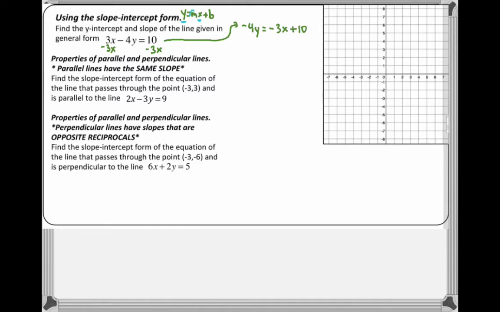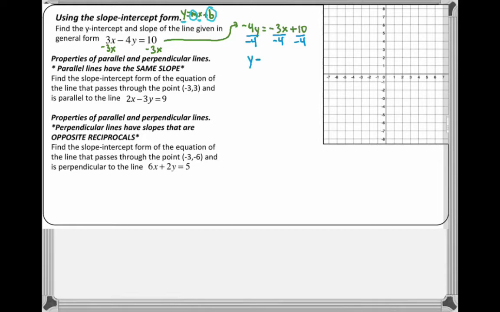That way we will know the slope of the line, and we'll know the y-intercept. So the next step is to divide everything by negative 4, and also clean it up as needed.